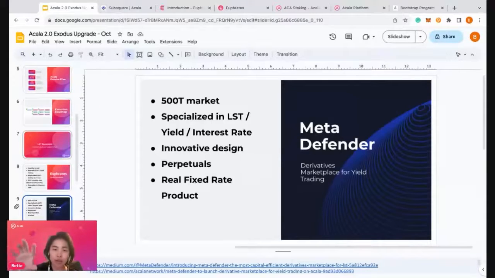Then why can't you just use GMX? Why do you have to build a specialized one, right? For exchanges like GMX, if you go on there, there's usually only a few assets you can trade, usually the larger assets like BTC, like ETH, maybe DOT, right?